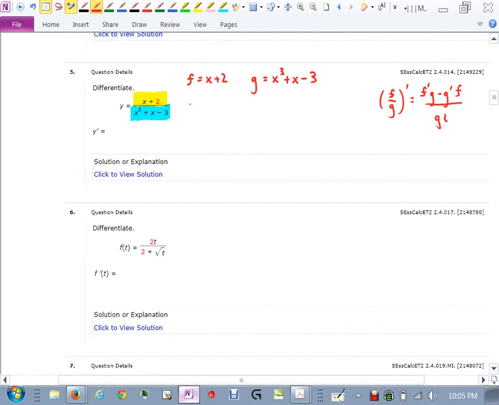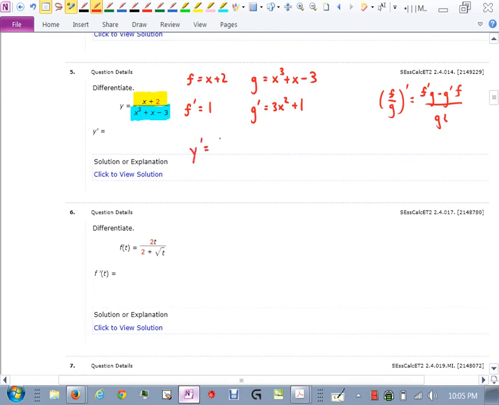I know in my formula I'm going to need derivatives of both of those, so I may as well get them now. Derivative of x plus 2 is just 1. The derivative of x cubed is 3x squared. Derivative of x is 1, and derivative of negative 3 is 0. Now it's just a matter of plugging everything into the formula.